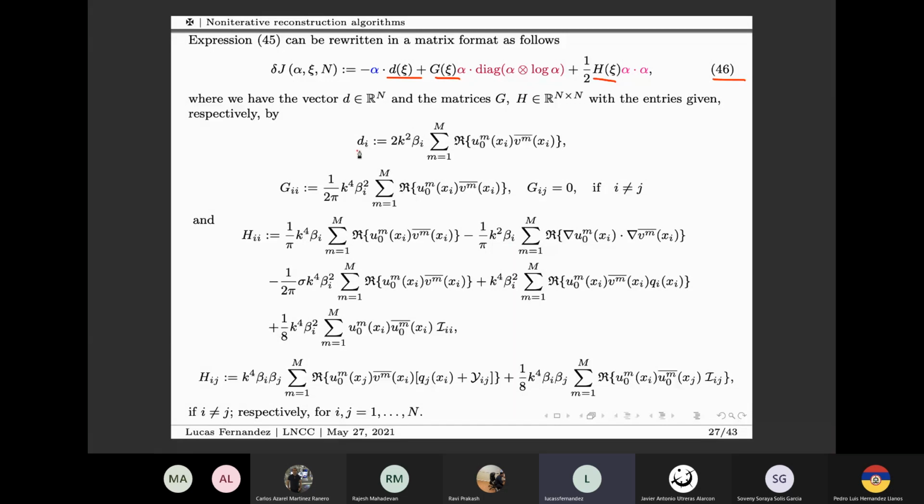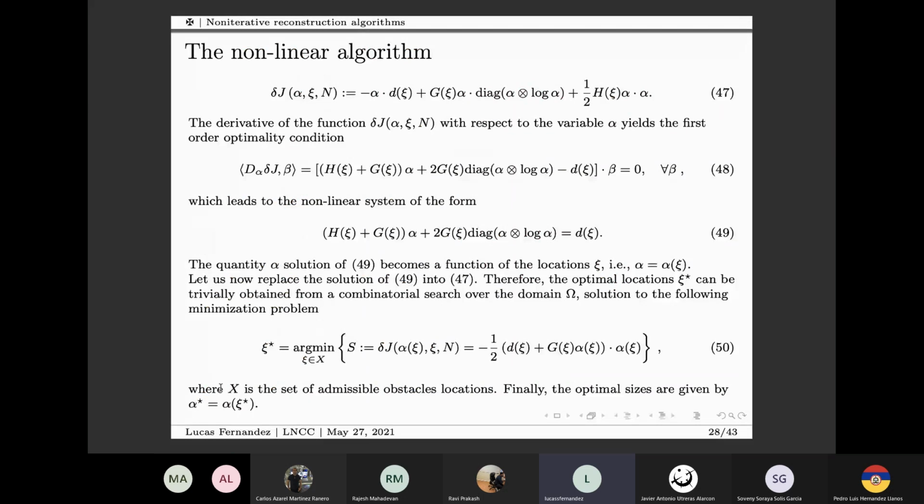So again, D can be interpreted as the first order topological derivative, G is the second order topological derivative, and the matrix H is the third order topological derivative. So we are dealing with a topology optimization problem, which is in fact a minimization problem here. And expression 47 is a quadratic form with respect to alpha.